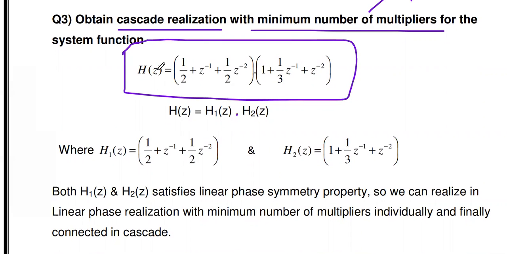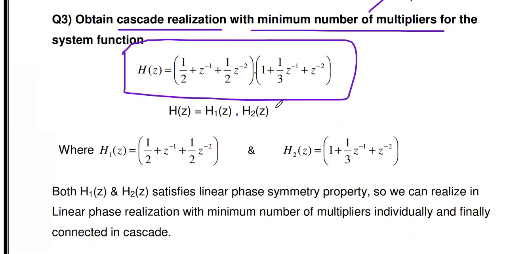H(z) is equal to (1/2 + z^-1 + 1/2 z^-2) into (1 + 1/3 z^-1 + z^-2). In the problem itself, H(z) is given in a split format. So you consider the first term as H1(z), the second term as H2(z).